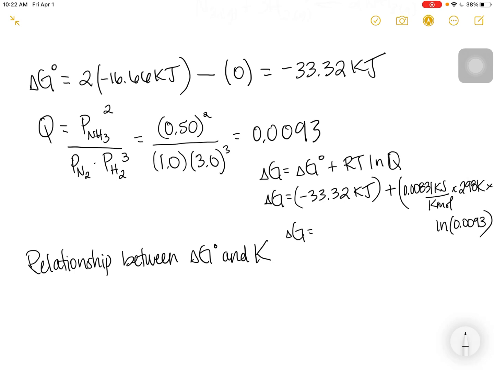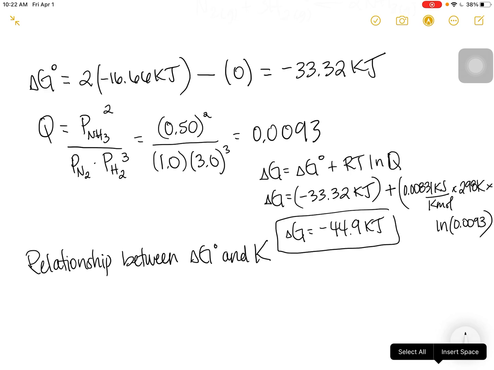If we do all of that, we get a delta G value of negative 44.9 kilojoules for this reaction that's occurring at non-standard conditions. So that's how you can use Q. You can use delta G at standard conditions to calculate delta G at non-standard conditions.